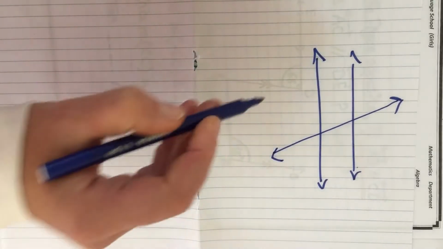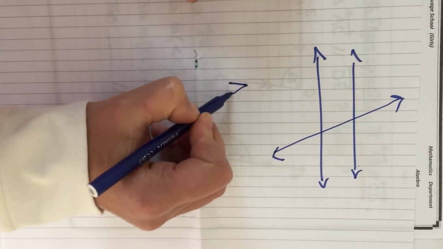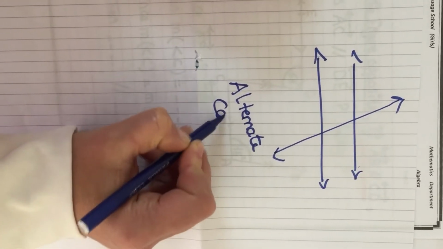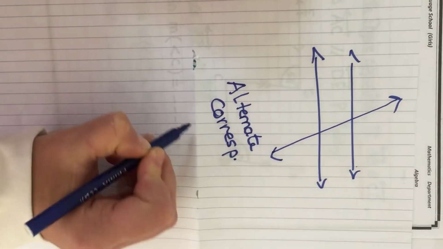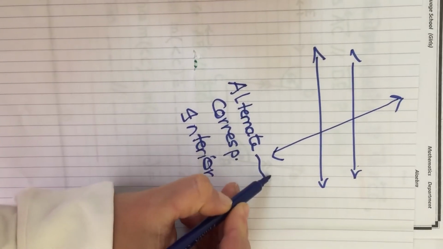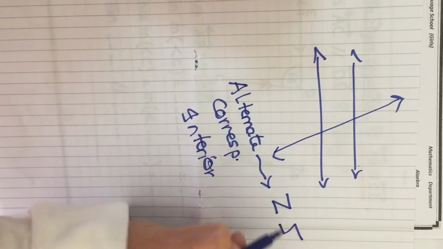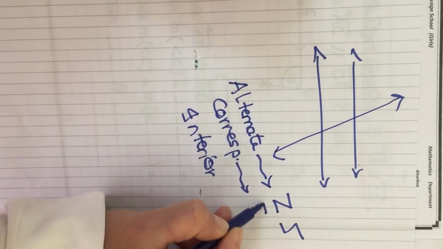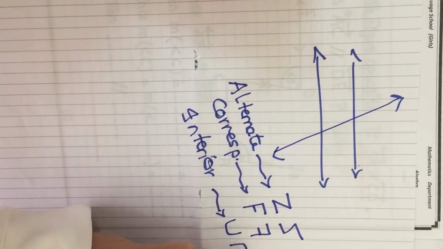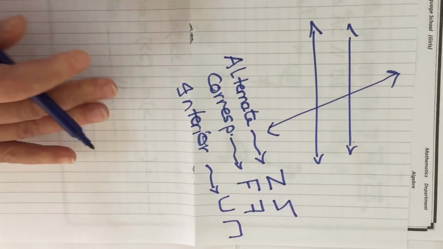So what do we have? We have three types of angles: alternate, corresponding, and interior. Quick revision. Alternate means Z, okay. Corresponding means F. Interior means U or N. You remember? Okay, let's take here.